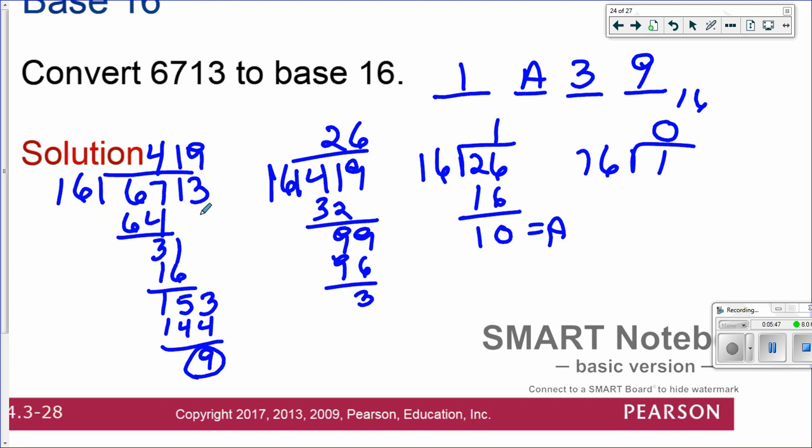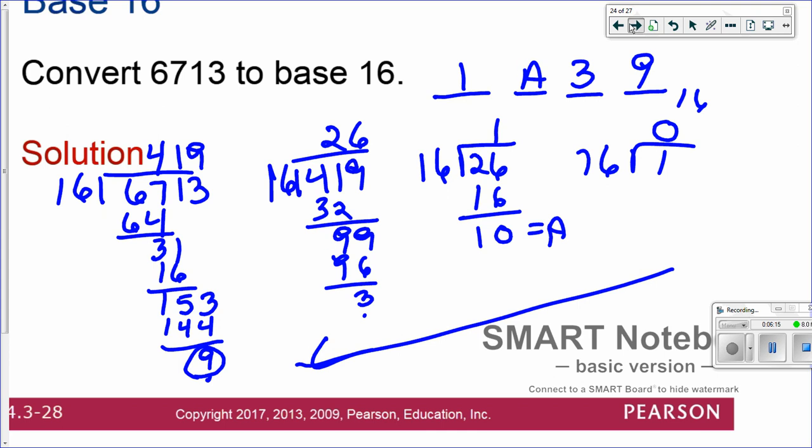The only difference is I have to do my long divisions because it's not a one-digit number that I can divide shortly, and I have to remember that I'm working this way for my answer, so that's why it's 1A and then the 3 and the 9. Because this would have been my top when I got my 0. So if you want, you can do the lines, or just remember that you have to read it backwards.